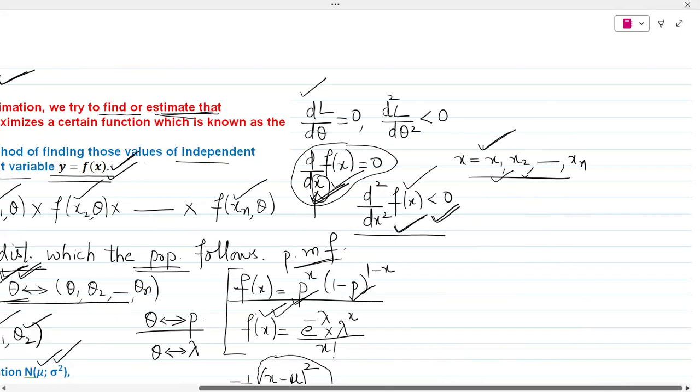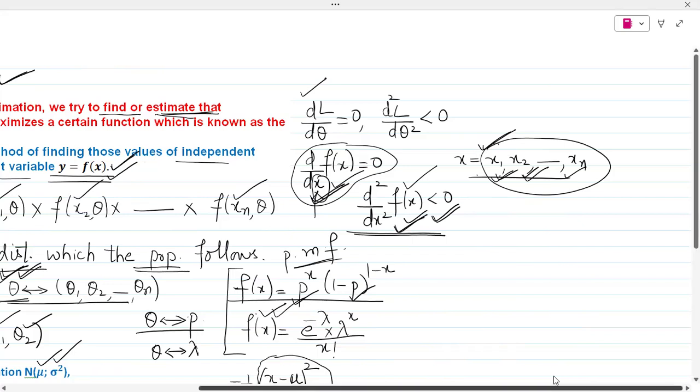Now, at each such point, you find the value of the second derivative of f(x) or y. And if at any such point the second derivative comes out to be negative, then you say that value of x is a point of maxima for this function.